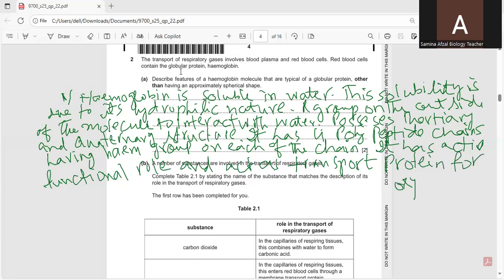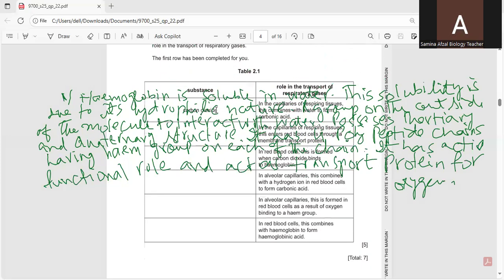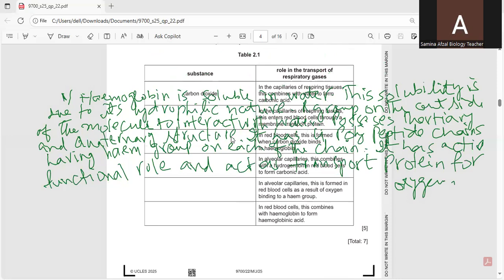You know, the hemoglobin transports the oxygen. So all these are the features due to which it plays its role.